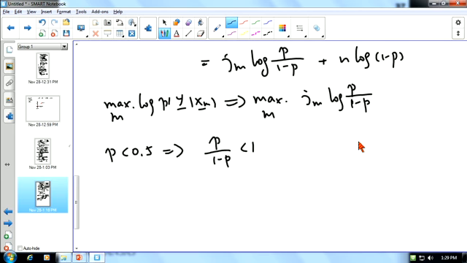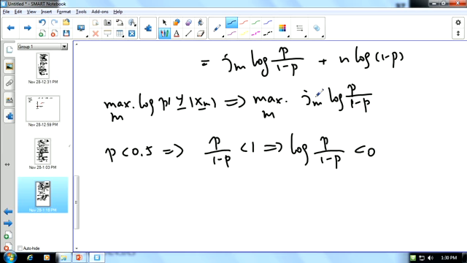So which means log of p over 1 minus p is less than 0. Okay? So this is a negative number.